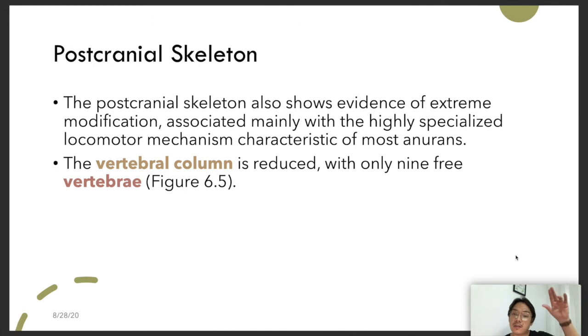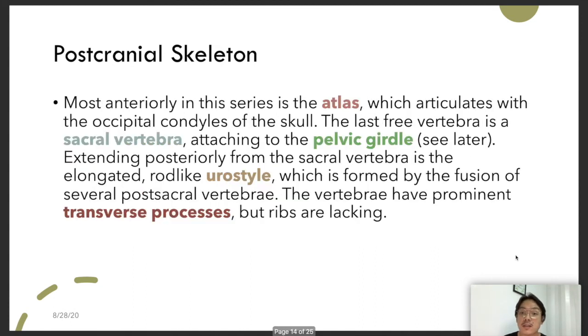So most anteriorly in the series is the atlas, which is the first vertebra, which articulates with the occipital condyles of the skull, so it locks on the occipital condyles. The last vertebra is the sacral vertebra, which is below, attaching the pelvic girdle, see later. And extending posteriorly from the sacral vertebra is the elongated, what we call the urostyle, a rod-like structure, which is formed by the fusion of several post-sacral vertebrae before.